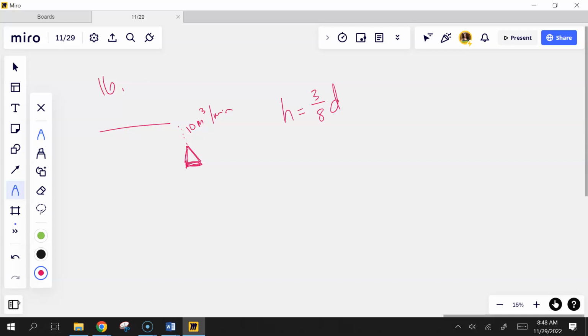How fast are the height and radius changing when the pile is 4 meters high? So I need how fast the height is changing, dH/dt, and how fast the radius is changing, dr/dt. When the pile is 4 meters high, so what do I have? I have the height being 4 meters. Okay, that's all we have.